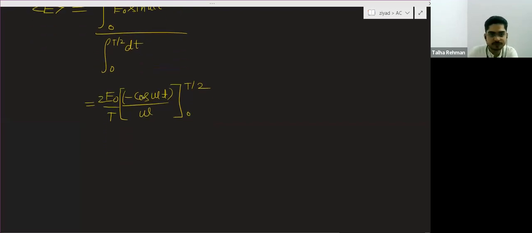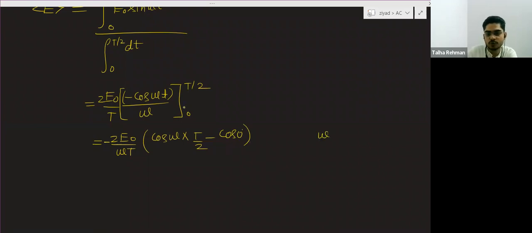After that you will put in the values of the limits. So this will become 2 E naught by omega T, and here is a minus sign also. When you put, instead of t in cos omega t, this T by 2, this will become cos 0 degree.